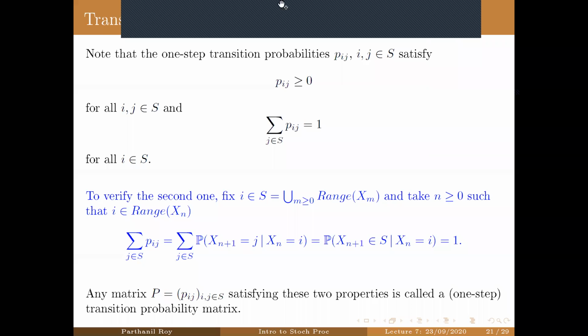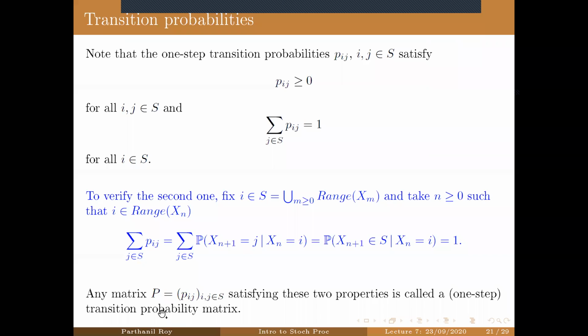Okay, so any matrix P with non-negative entries such that each row sum is equal to 1 will be called a one-step transition matrix, or simply a transition probability matrix.